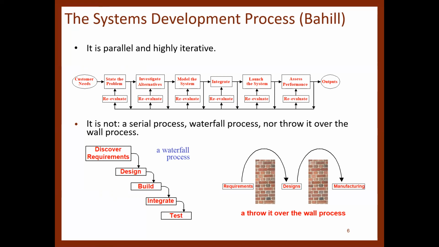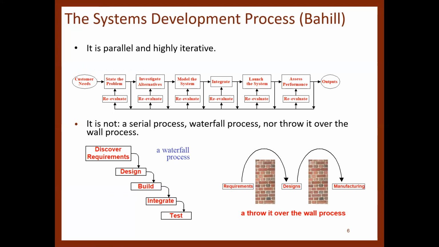But at the same time, if you learn more about the problem, you have to reevaluate your statement and then bring, let's say, new customer requirements, or maybe a user was not involved and now you have extra knowledge about the problem and you want to integrate that into your statement.